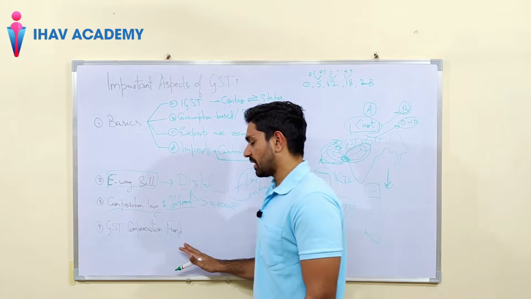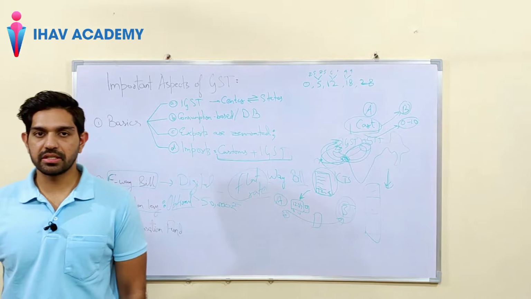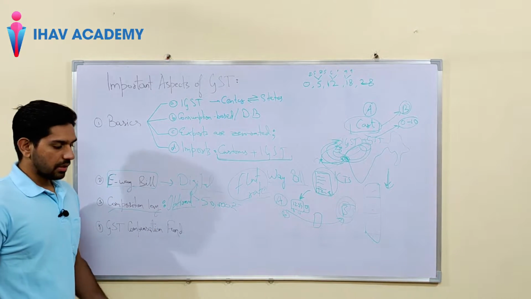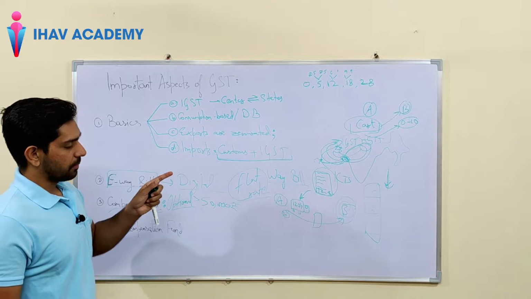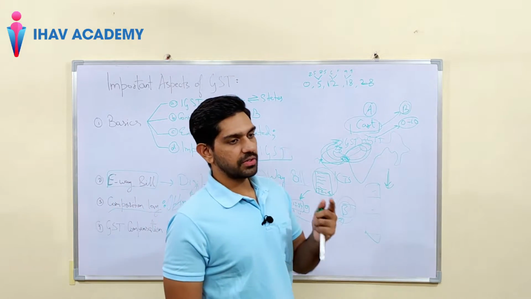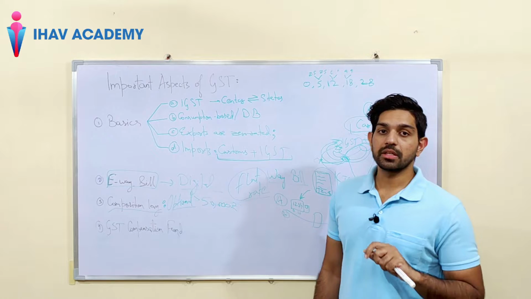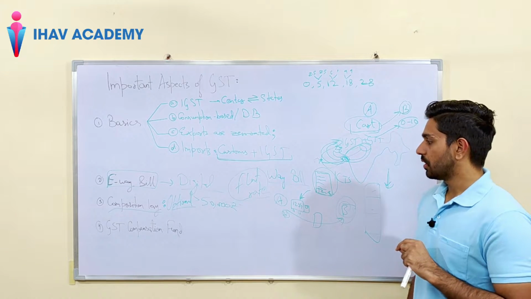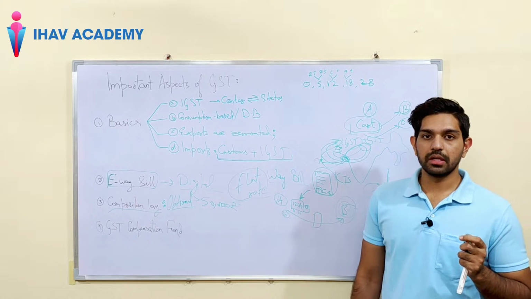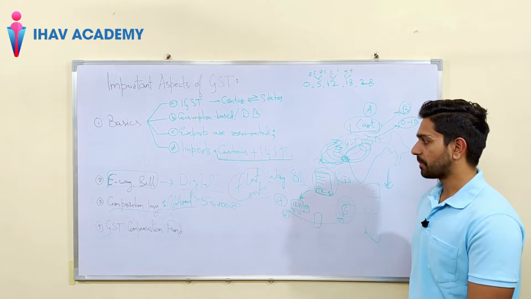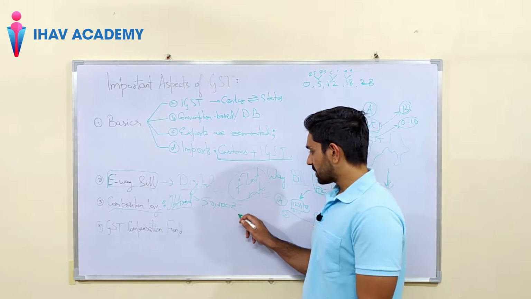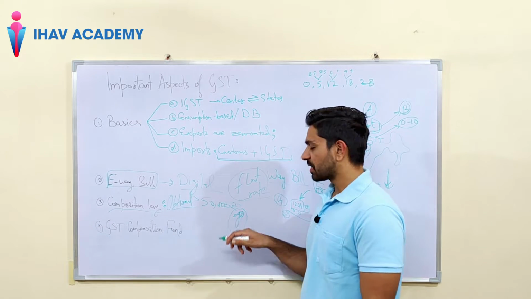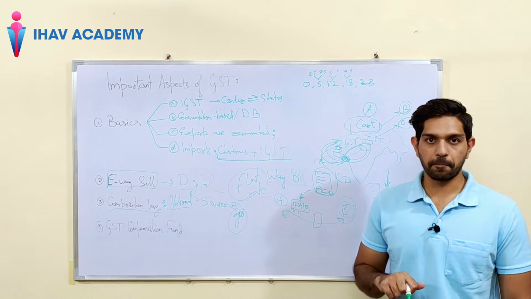Now the last thing which I have told you in the previous class also, GST compensation fund. When there was the discussion, brainstorming of the implementation of GST, then the state governments had an anxiety. How? Central government is asking states that please let go of some of your powers of indirect taxes.